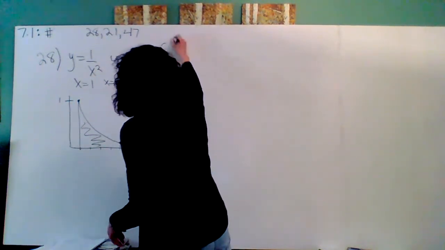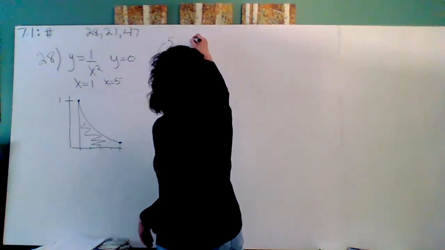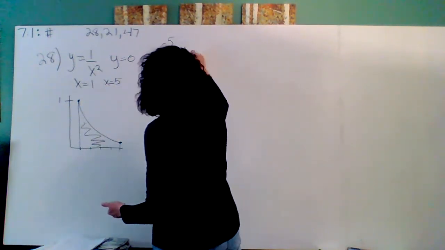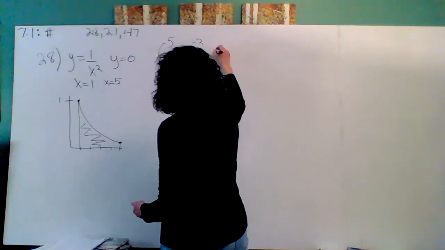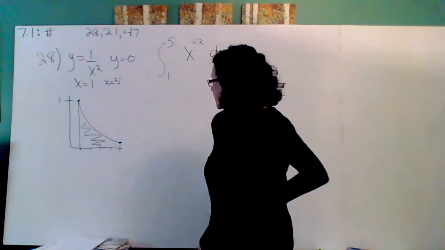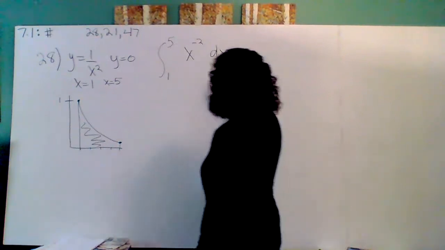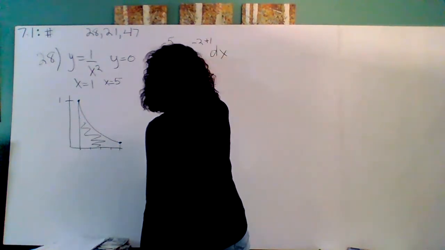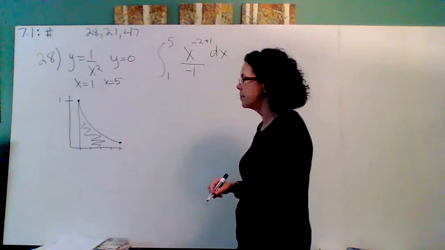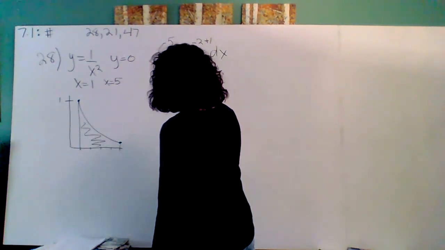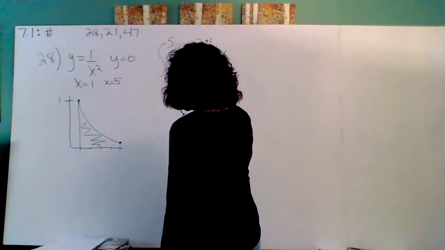So let's take a look from 1 to 5. That would be 1 over x squared. If it's okay with you, I'm going to write that as x to the negative 2 dx, right? So upper minus lower, my lower function happens to be 0. I'm going to add 1 to the exponent and divide by the new exponent. And I get negative 1 over x from 1 to 5.